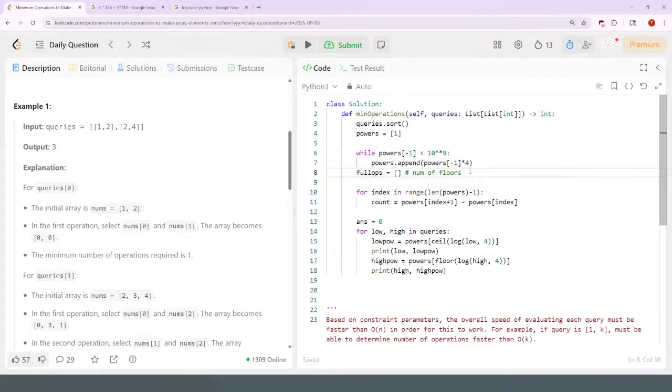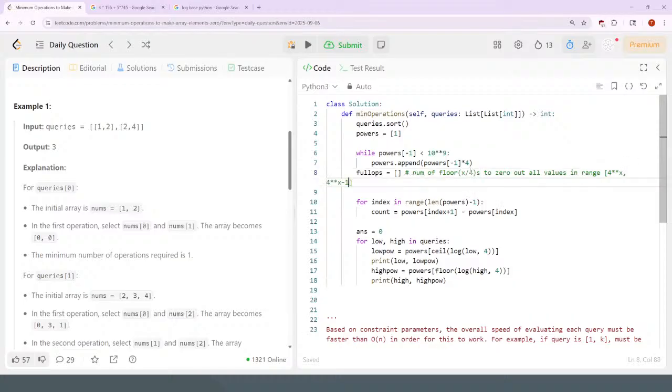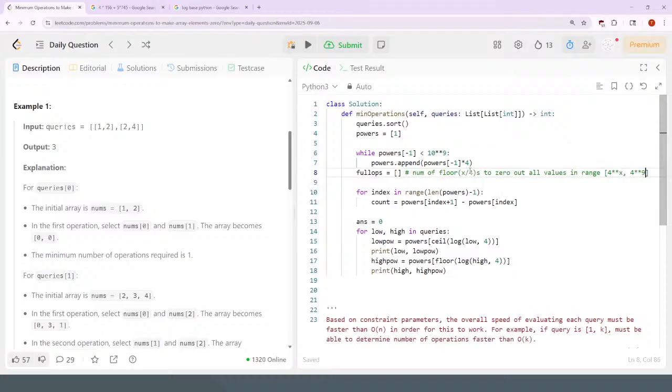Number of floors to 0 out those values. All values range from 4 to the x and 4 to the x plus 1 minus 1.